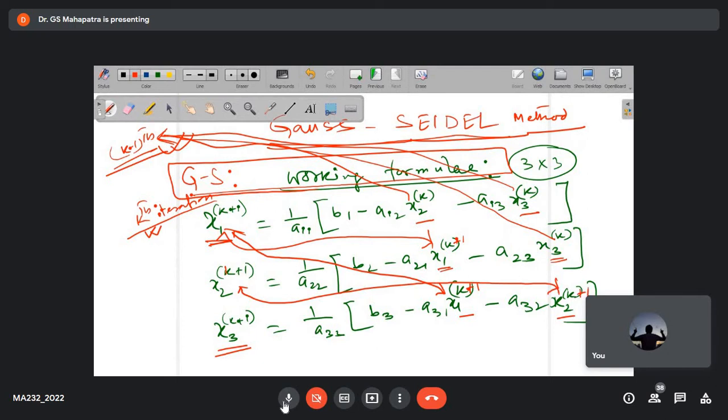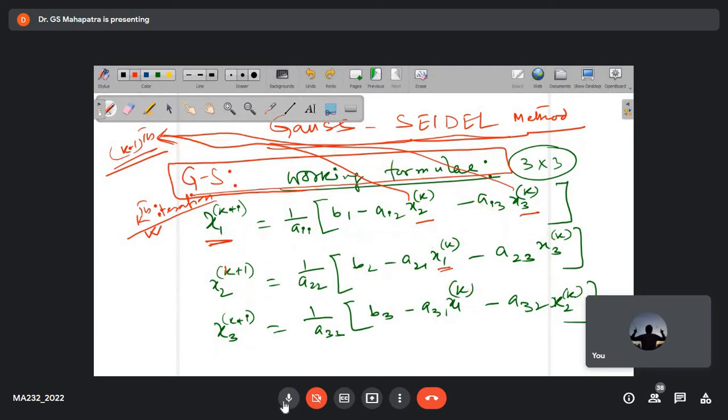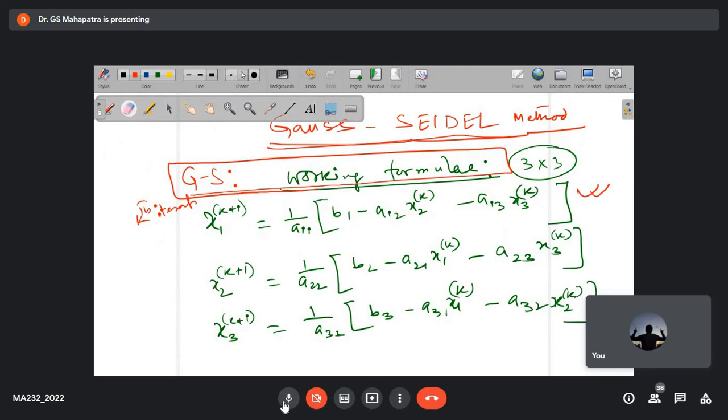So now I will rewrite the changes again. This iterative formula remains the same. First I will change one by one. This one will change. This one also will change.